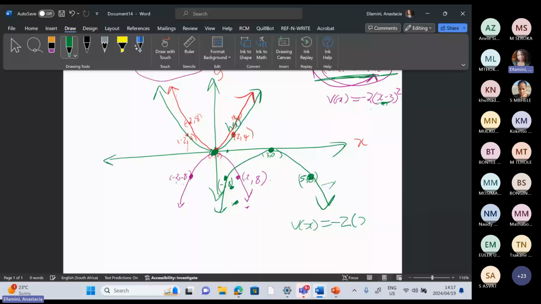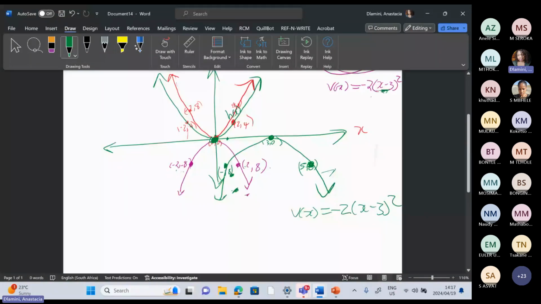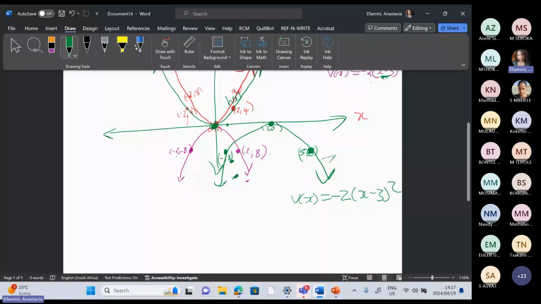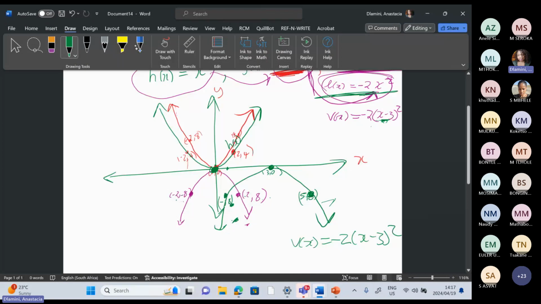Now, are we done? No. Why are we not done? Because there's a 1 here. We shift it, but it's positive 1, so you can't shift it down. It means you have to shift it upward. When you shift up, what changes is the y value, isn't it? So this point will be 3 and 1.